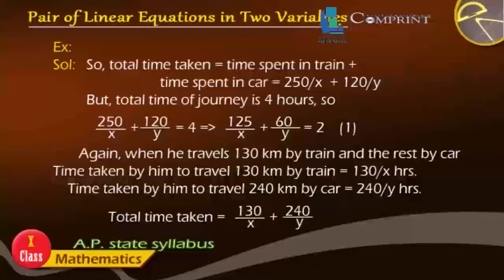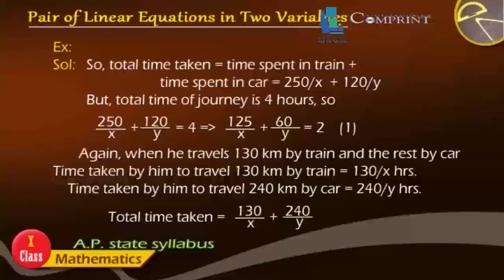So, 250 by x plus 120 by y is equal to 4, which gives 125 by x plus 60 by y is equal to 2. Equation 1. Again, when he travels 130 kilometers by train and the rest by car, time taken to travel 130 kilometers by train is equal to 130 by x hours.